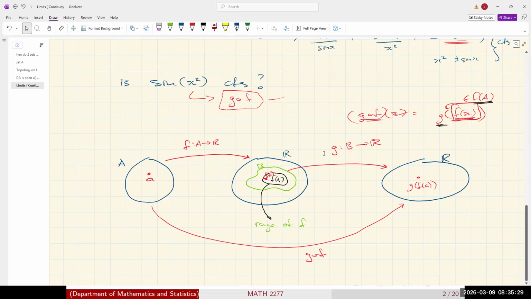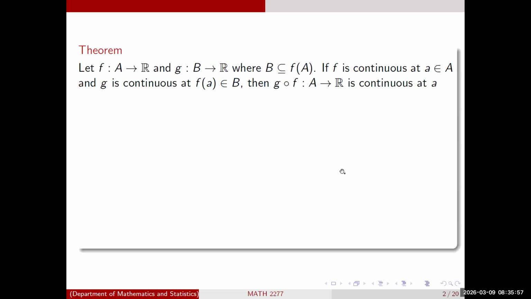But in the previous proofs where we had more than one function, when we wrote down those two definitions, they were always defined on the same domain. In this case, we have f defined on the domain A and g is defined on a different domain, B. So we need some way to link those two domains together.